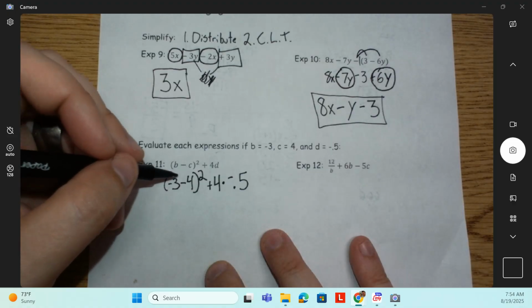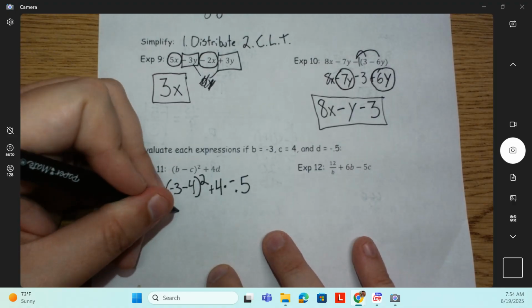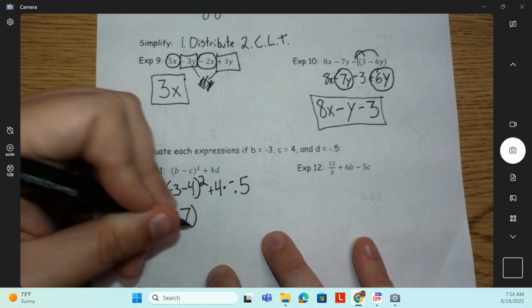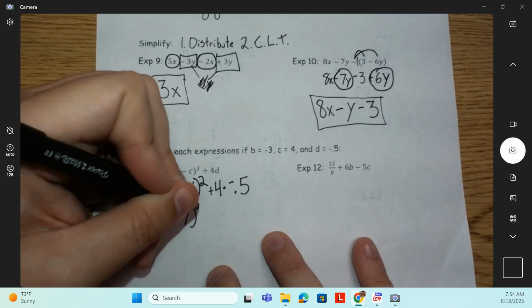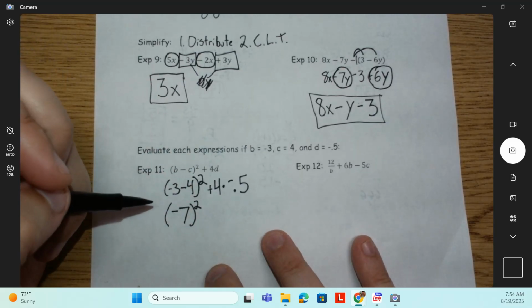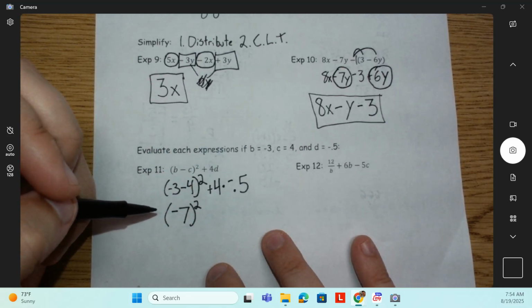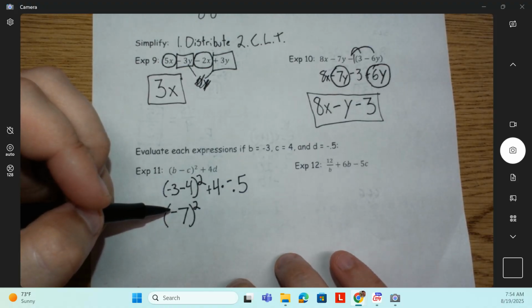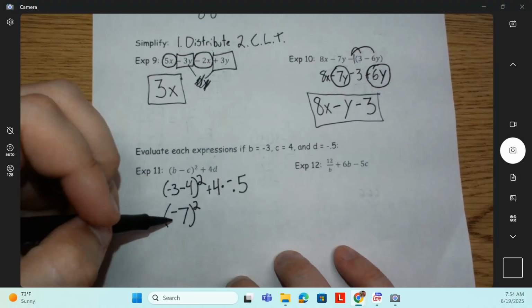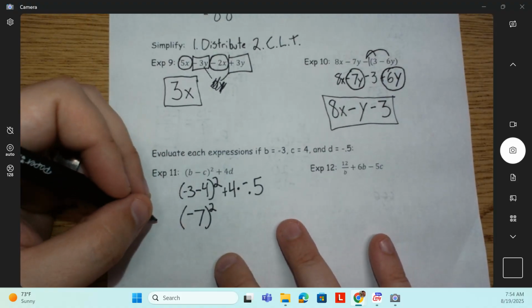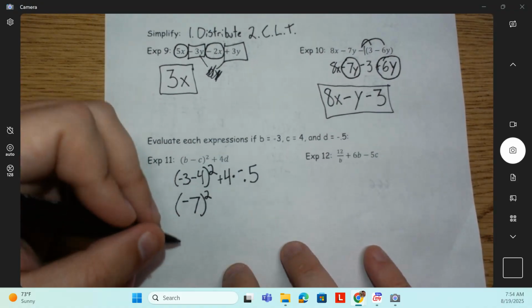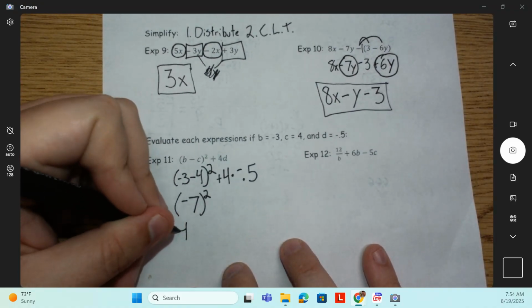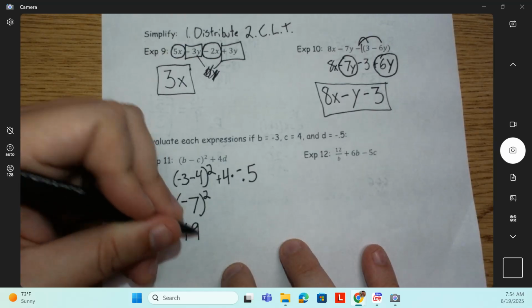As we go to work this out, I'll do inside my parentheses first, which is a negative 7. And this is that instance where if I square a negative number, doing it in parentheses means I'm doing negative 7 times negative 7, and a negative times a negative gives me a positive, so positive 49.